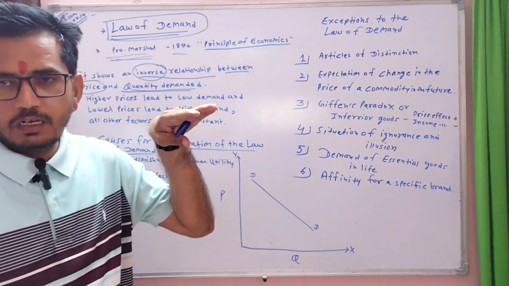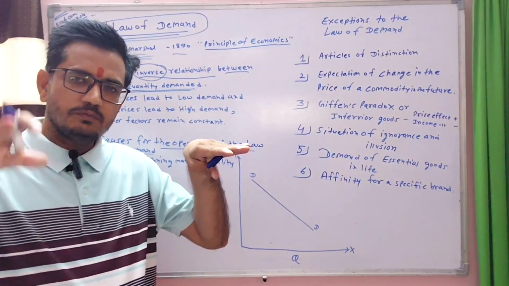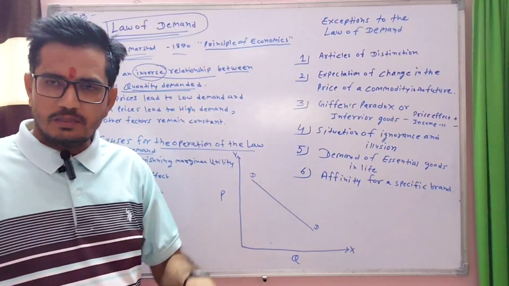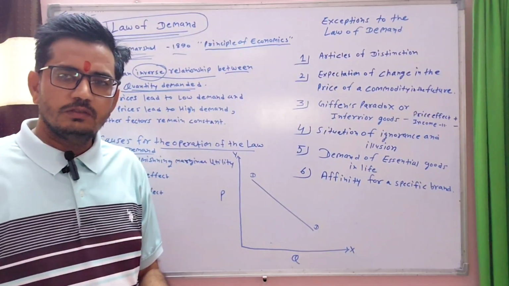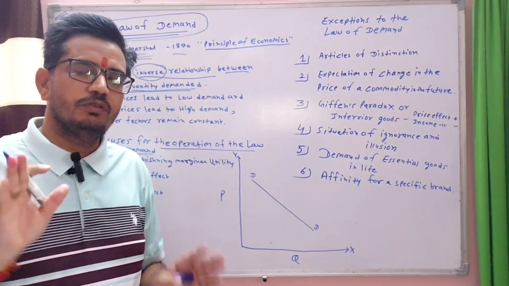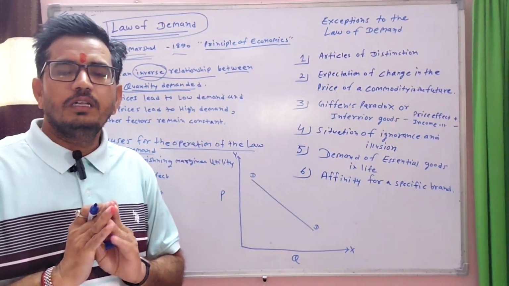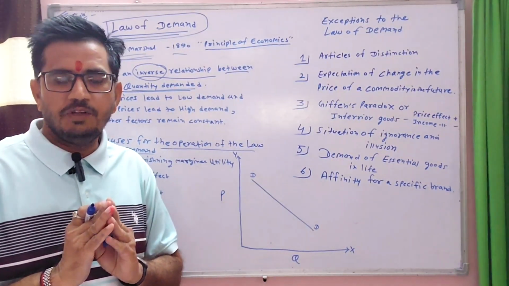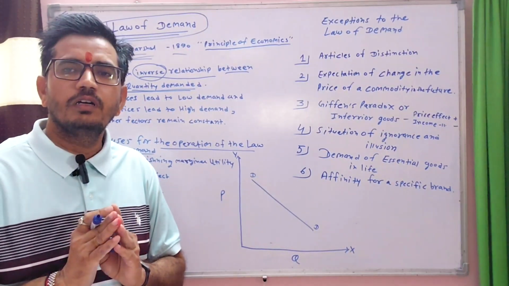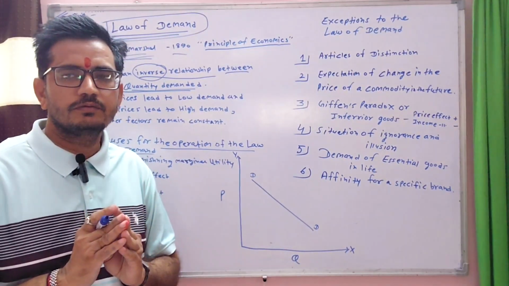Price hike, quantity demanded decrease. Price low, quantity demanded will increase. So that's a negative relationship between price and quantity demanded. It shows the law of demand.